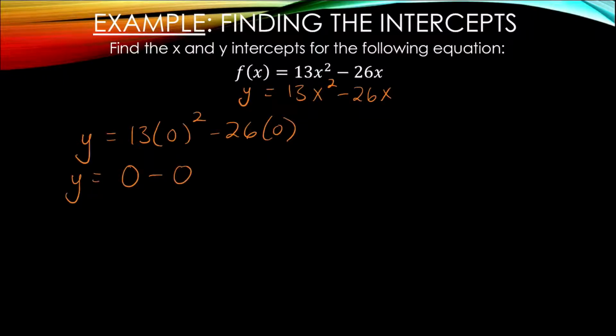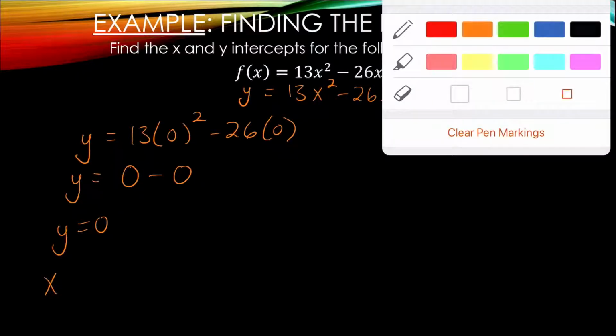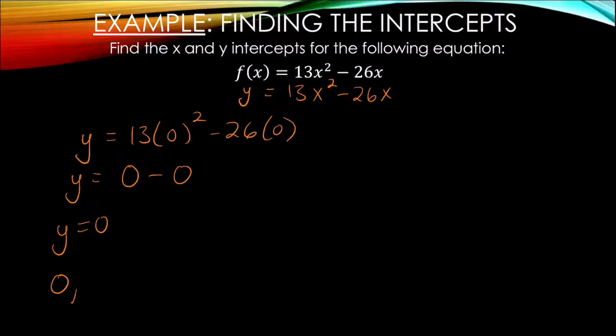Minus 26 times 0 is 0. So we know my y-intercept is at 0. Let's think about the x coordinate of that point. It's going to be at (0, 0). That's my coordinate point for the y-intercept.